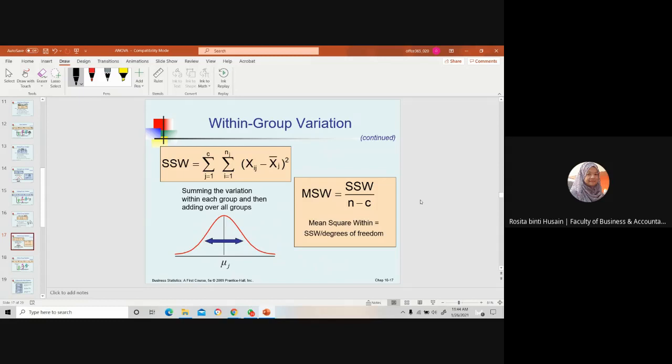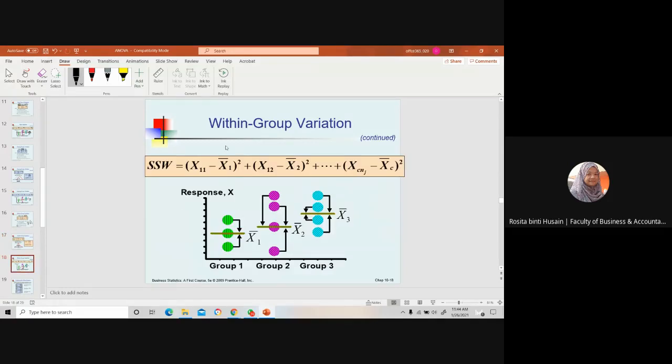So mean square within group is SSW divided by N minus C, the degree of freedom. Okay, so SSW.